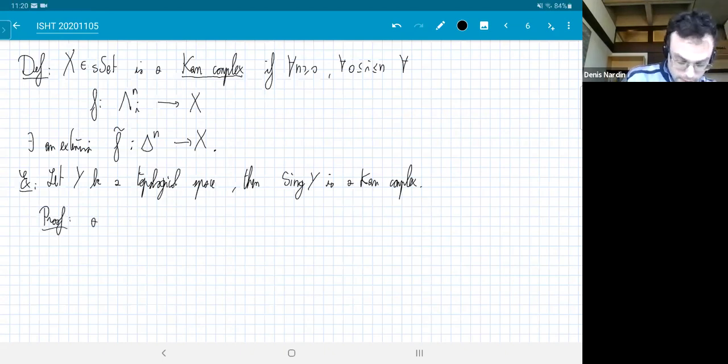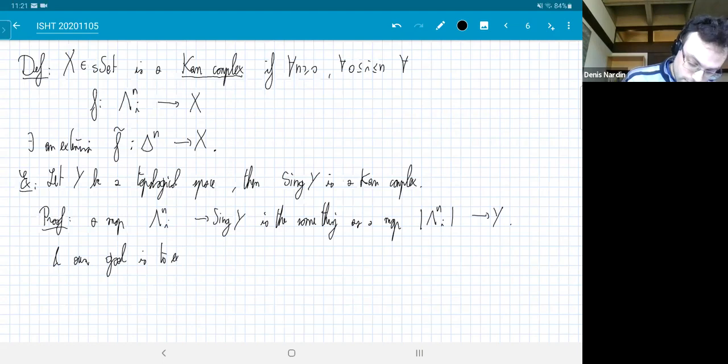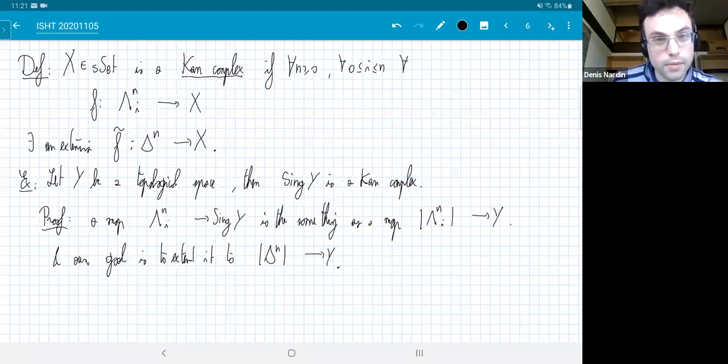So let's prove it. Well, a map Λ^n_i into Sing Y is the same thing as a map from the geometric realization into Y. And our goal is to extend it to Δ^n into Y, a continuous map.